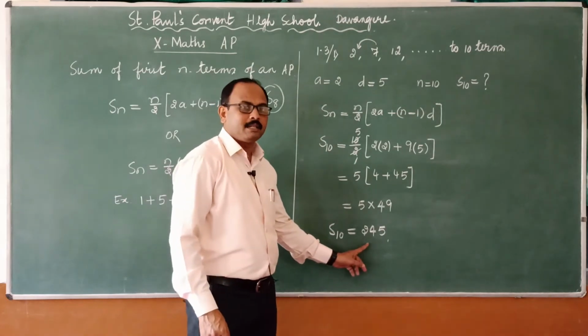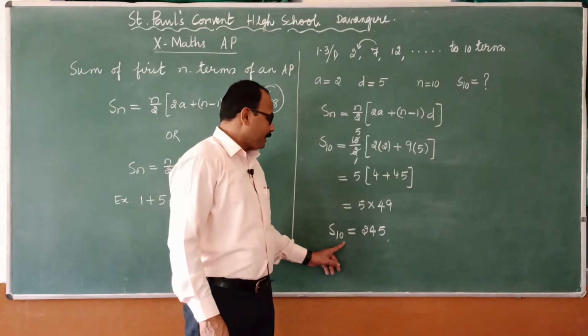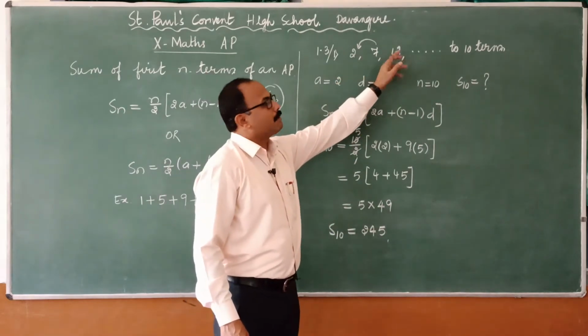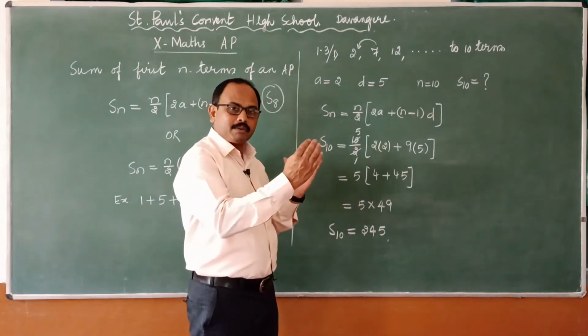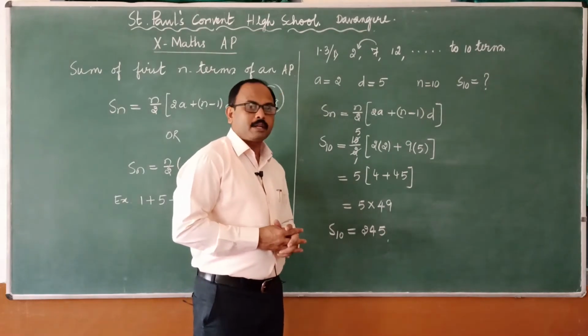Which means, children, the sum of 10 terms of an AP is 245. That means 2 plus 7 plus 12 plus likewise 10 terms, we have to take and add them. Then our answer is 245.